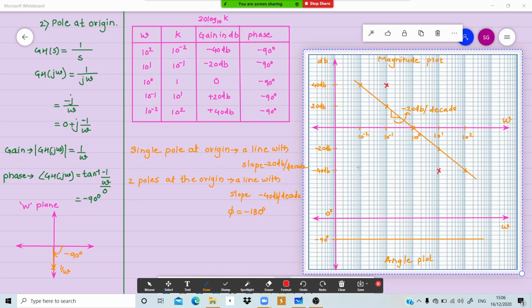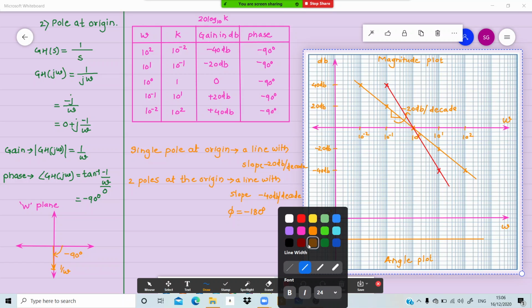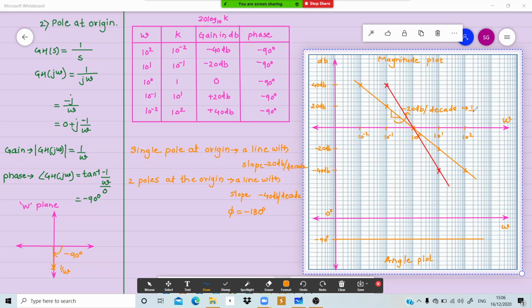So if I'll try to draw the line going through these points, yes, so this is for 1 by s and this is for 1 by s square, two poles at origin, and the slope is minus 40 dB per decade. ठीक है, and if I want to draw the phase 1 2 3 4 5, so minus 180. Okay, and you will have line the phase plot over here.